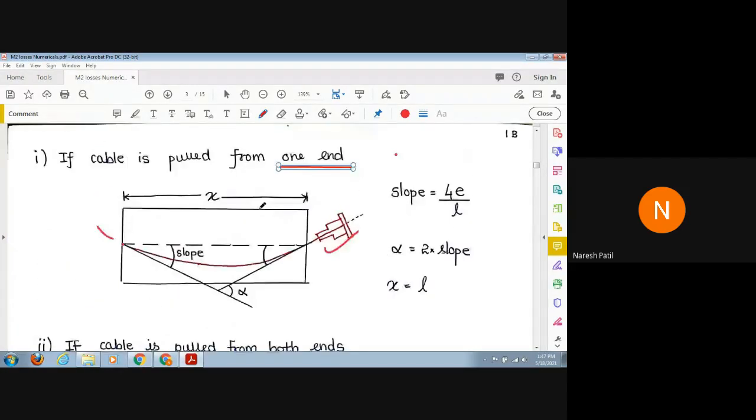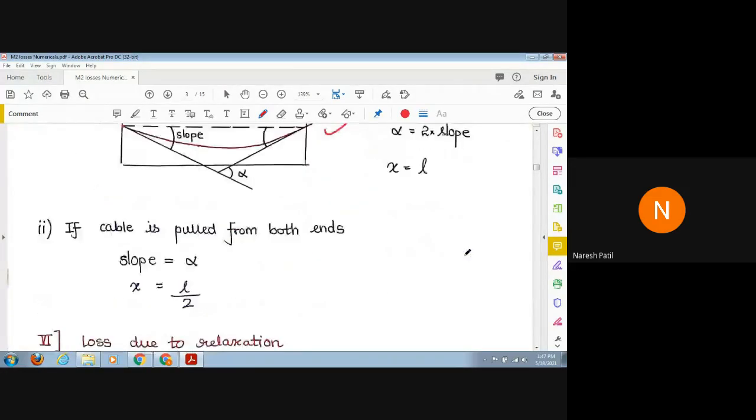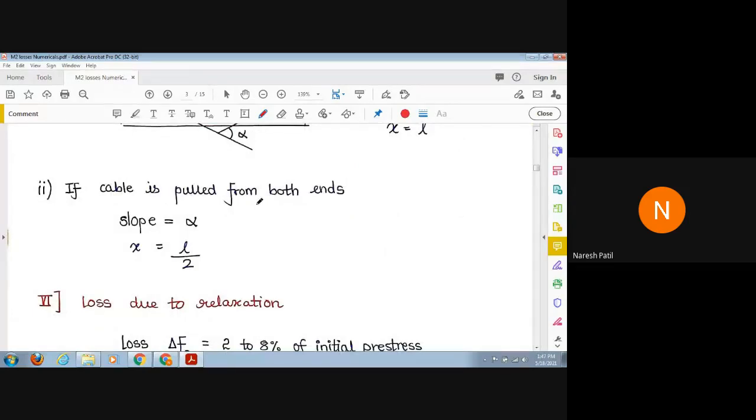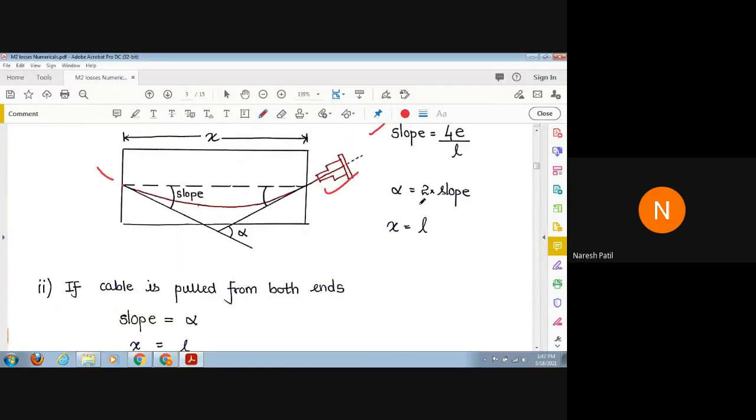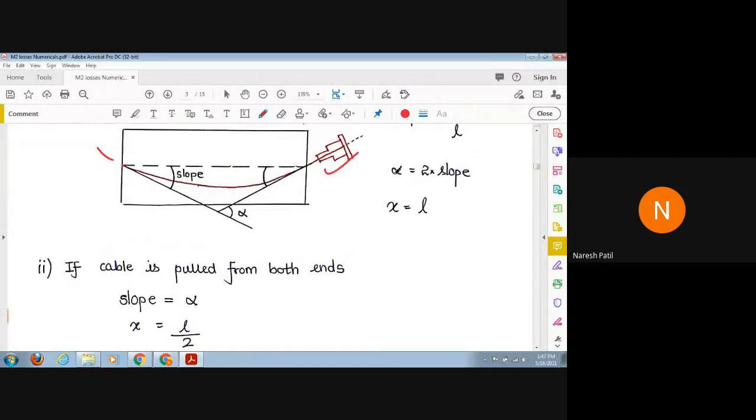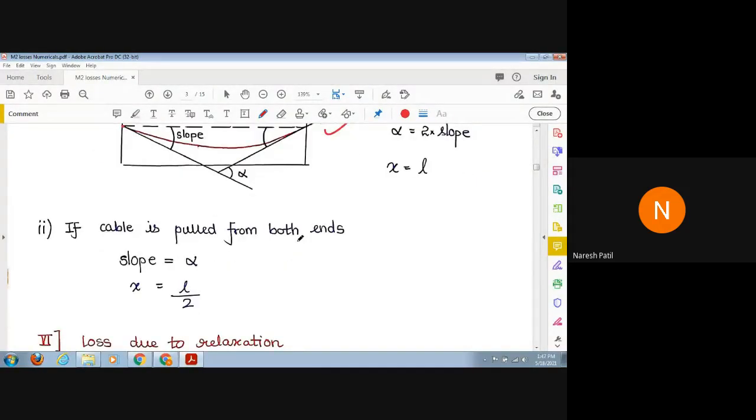At that time, there will be a small change in the formula. So for that, you have to take slope equal to 4E by L, and alpha equal to 2 times slope. Okay. Then, if the cable is pulled from both ends, slope is equal to alpha. Okay, alpha is equal to 2 times slope in the one case, but here alpha is equal to slope.